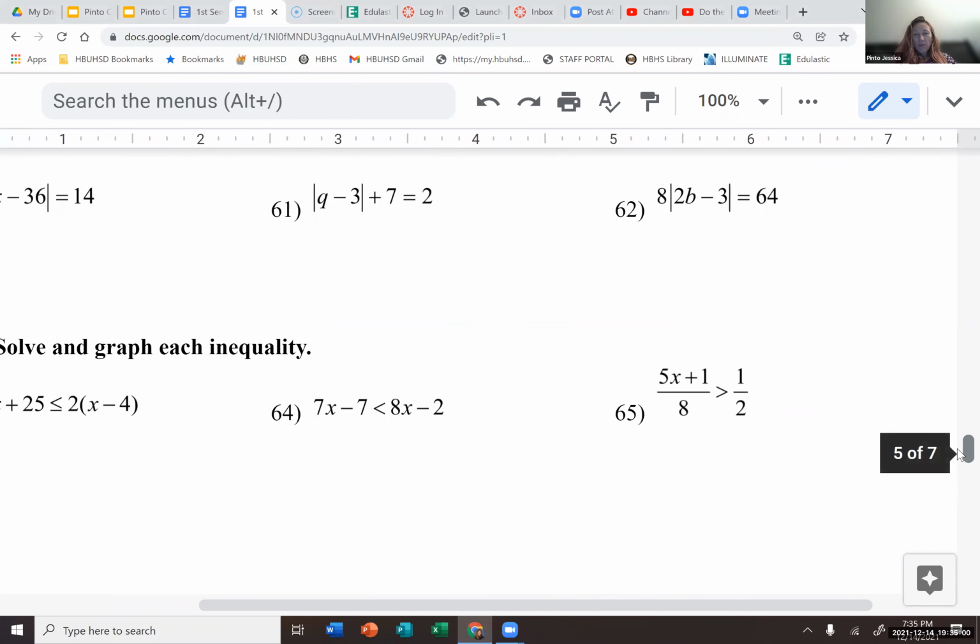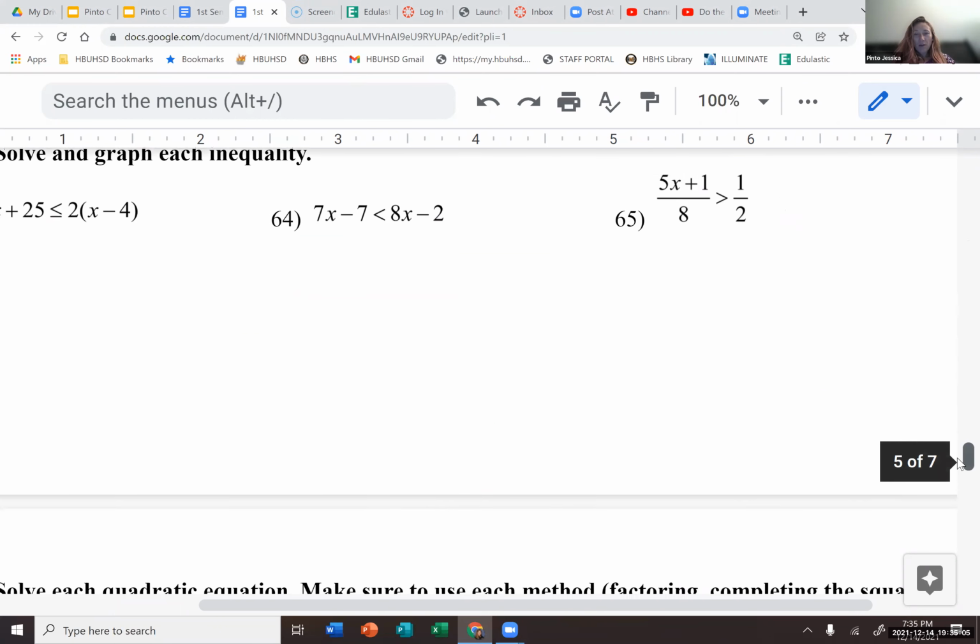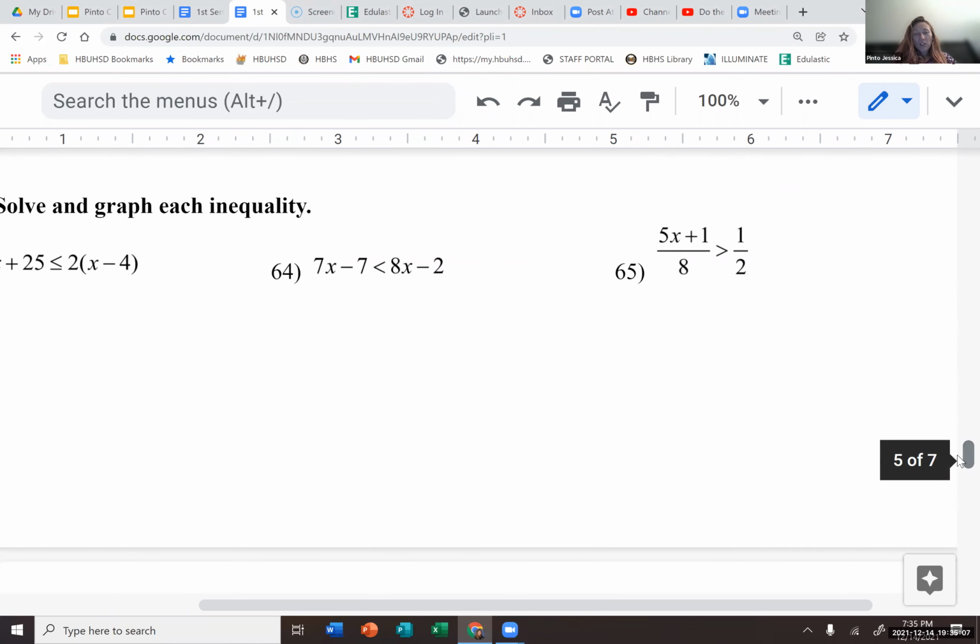So 65, I've got that fraction proportion there. So I'm going to multiply by the least common multiple of those denominators, which is actually just 8, because 8 is going to cancel out 8. And 8 also cancels out a 2. So the 8 cancels out the 8 all the way, leaving no denominator, and that's just 5x plus 1.